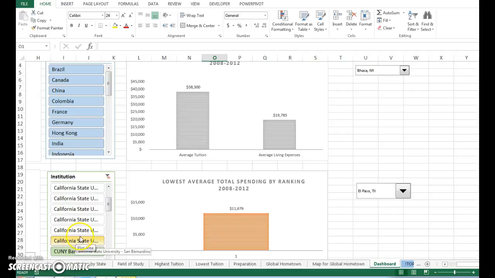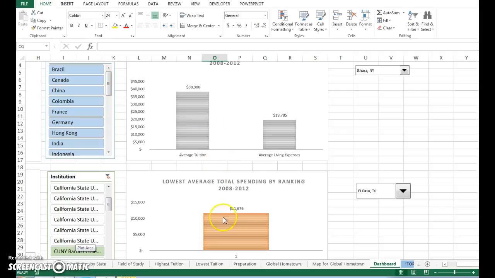I found some information online. The New York metro area ranked first for total tuition, about $2.6 billion, and living expenses about $1.6 billion received from its international students.